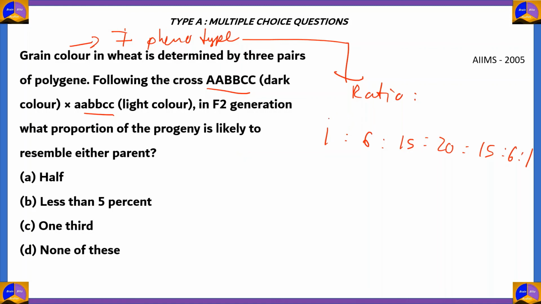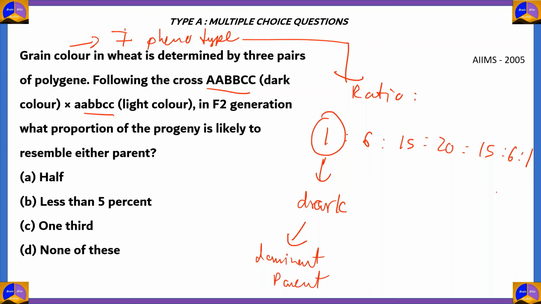So in F2 generation, one of them is dark, resembling the dominant parent, and one is extremely light, which resembles the recessive parent.